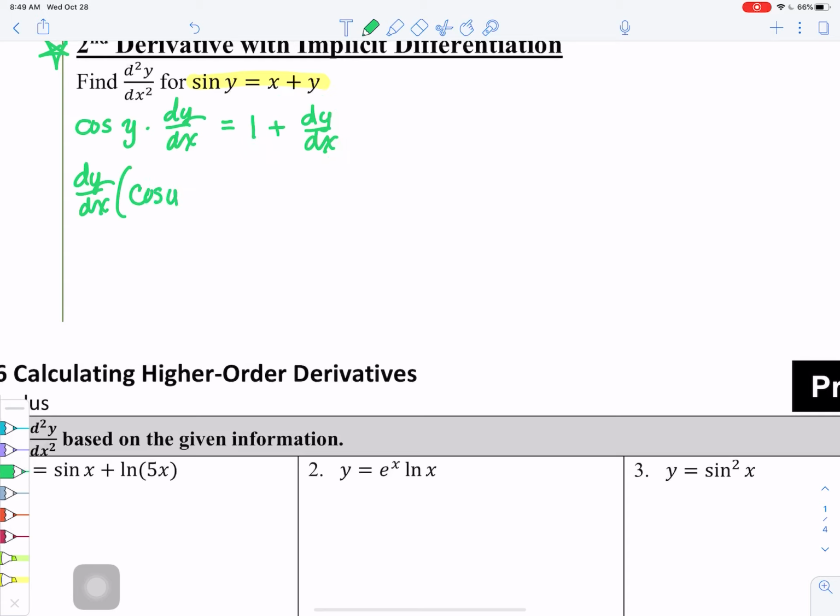So (cosine of y minus 1) dy/dx is equal to 1. So convince yourself of that. Subtract dy/dx from both sides, factor out a dy/dx, and that's what you'll get. Now we just have a 1 left on that right-hand side of the equation.